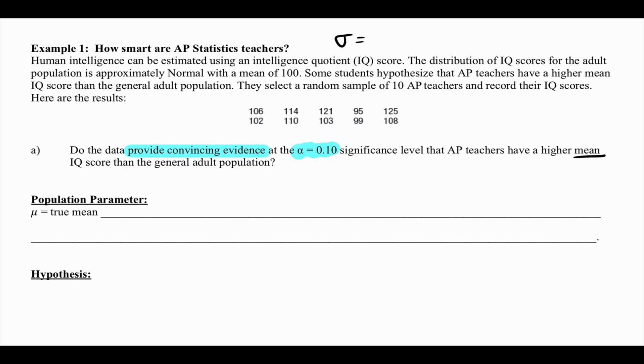I don't have that. Okay? I don't know that number. So because I don't know that number, this is going to be a T model. Means I'm going to use the back of my Z-score chart, not the front. Okay? All right, so what else are we missing here?